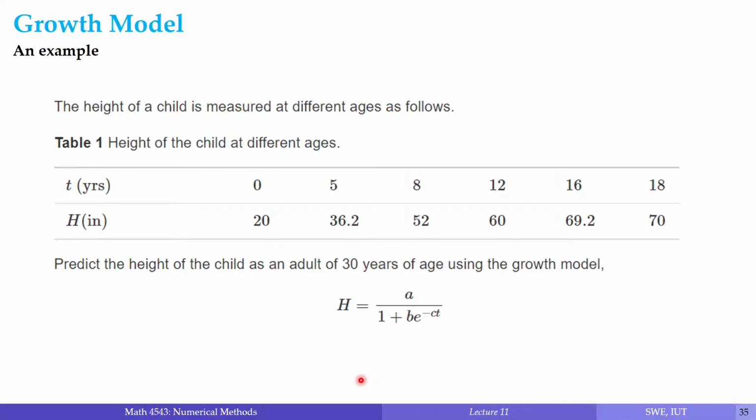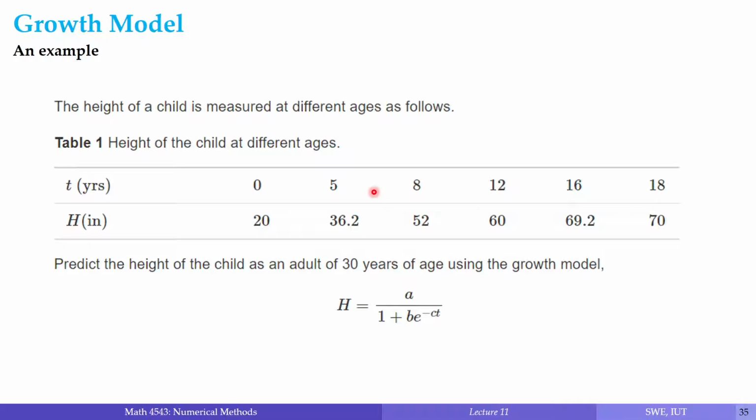So let's do that. We know that the growth model regression curve can be used to model the height of a child. When the child is born, let's say his height is 20 inches, and at the age of 18, let's say his height is 70 inches.